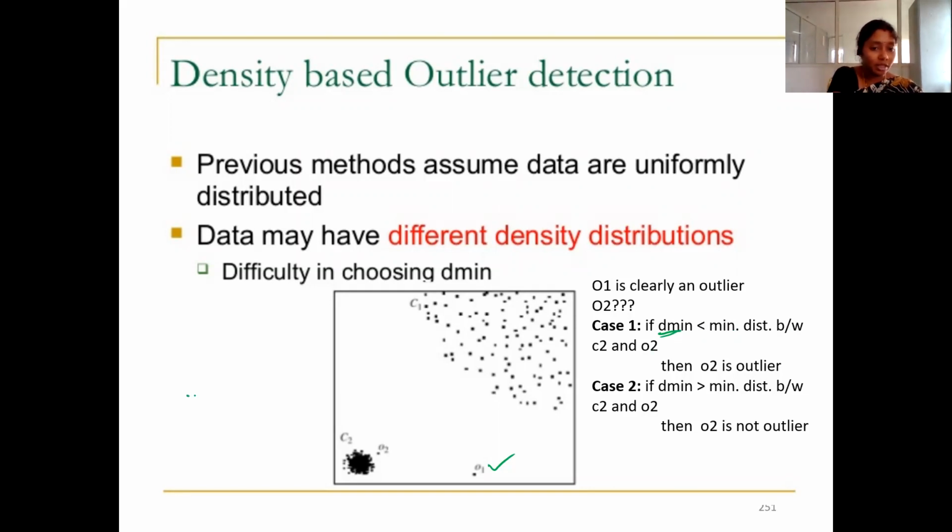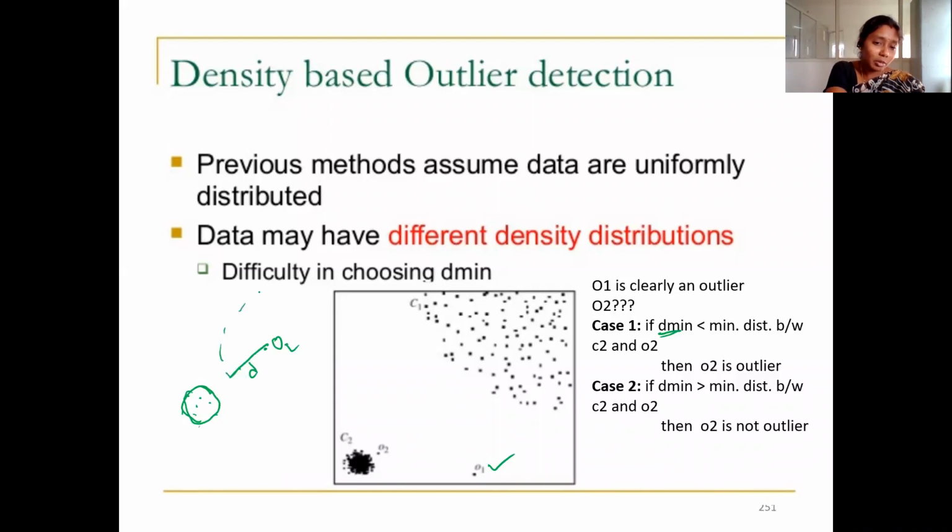here you have C2, and for example this is your O2. The d min decides the neighborhood of that object to identify whether it is an outlier or not. If suppose the d min is up to this distance only, this is the d min.